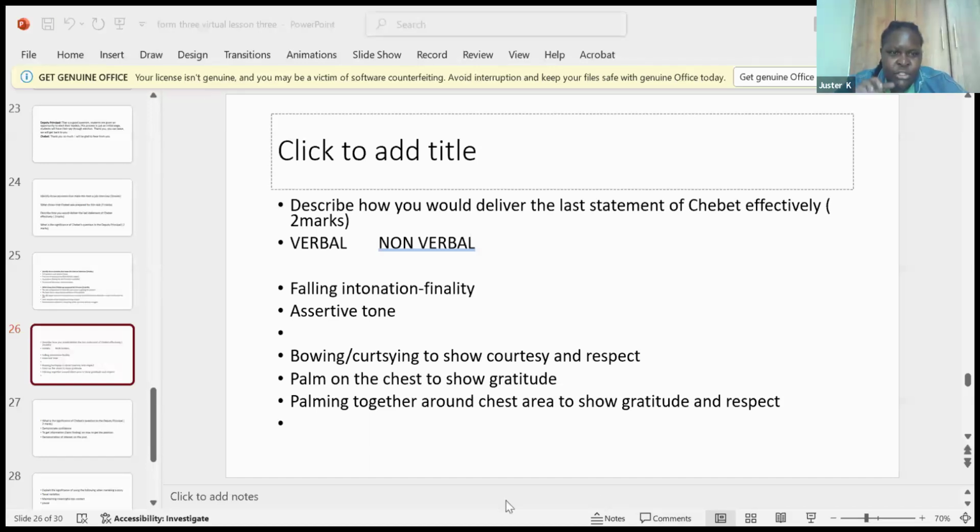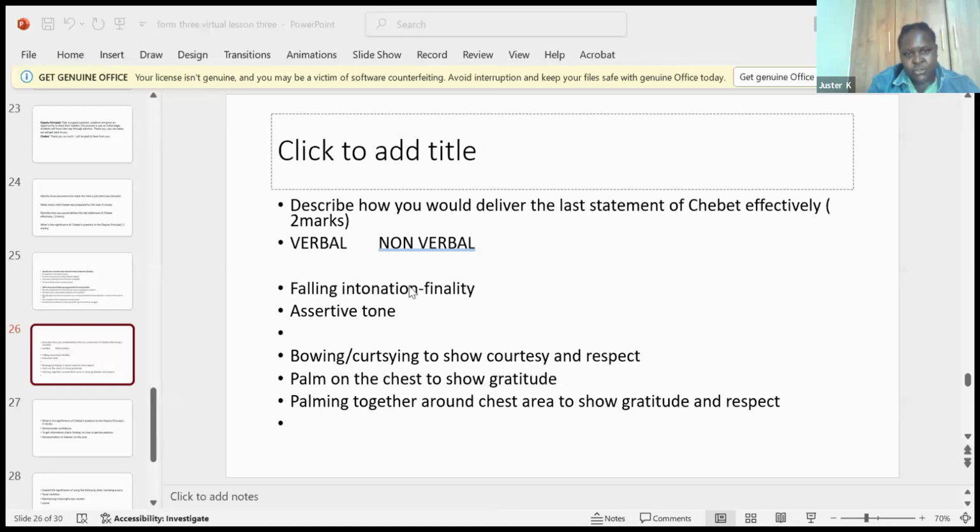When you're asked a question on performance, how would you say, how would you perform? We are looking for verbal and non-verbal. If you give one verbal, just one, I would use a falling intonation perhaps, even though it will be correct, it will be wrong because there's no non-verbal. So you must always ensure you give a verbal and a non-verbal cue. That's a rule. You cannot escape it.